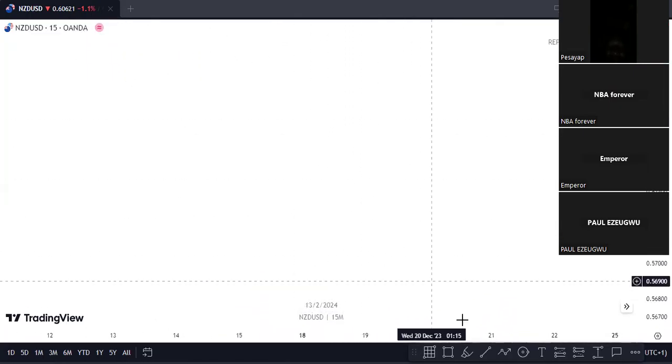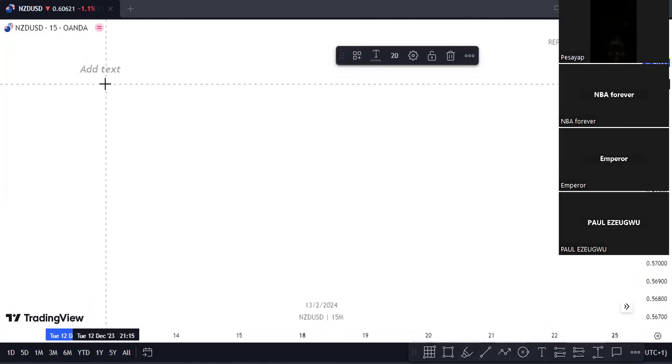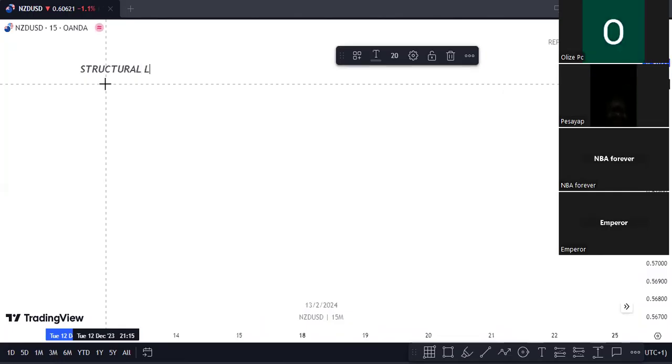So moving on to the next type of liquidity, our structural liquidity. It's SQL. This is also regarded as SLK.